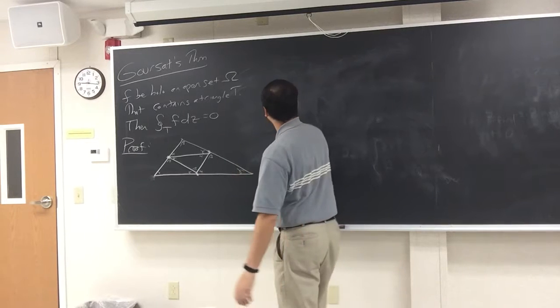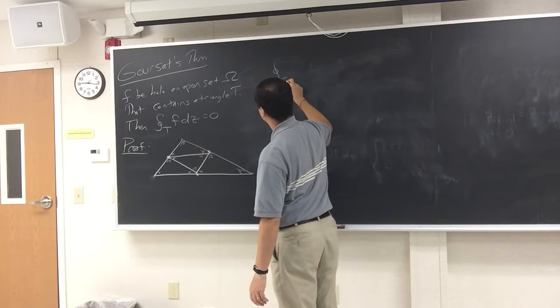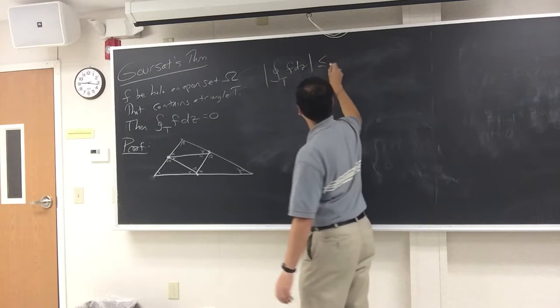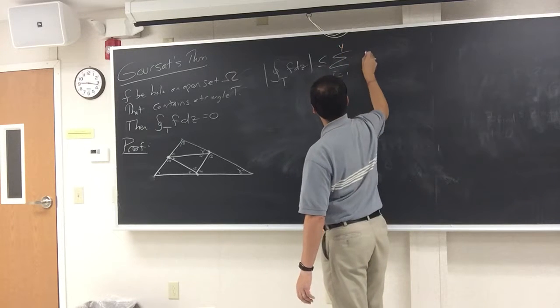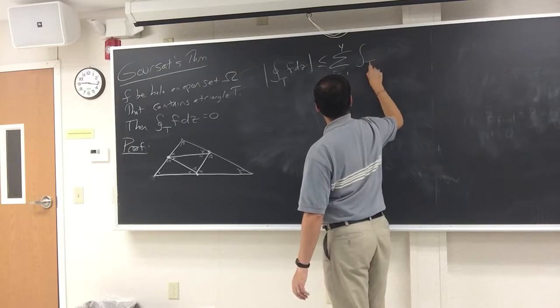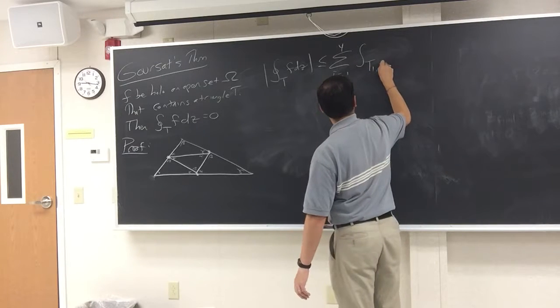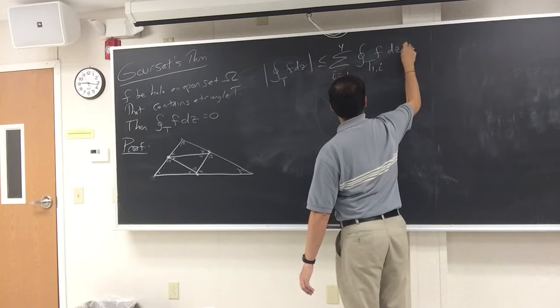So the integral over the triangle of f dz in absolute value is less than or equal to the sum, i goes from 1 to 4, of the integral, we'll call it T sub 1 for the first level of cuts, comma i, and then we'll change this notation in a moment, f dz.